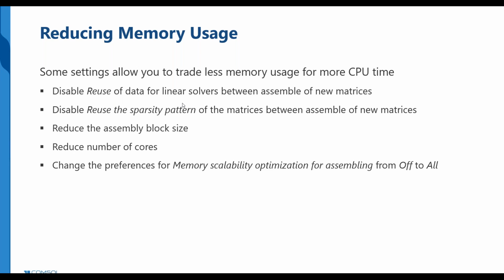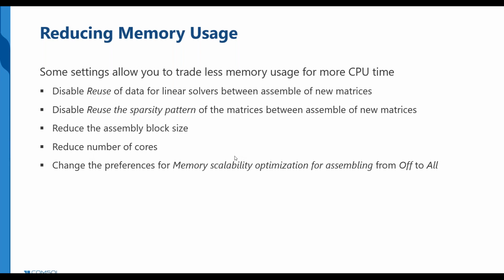Okay, so that was the technology for the linear solver, the linear system solution process. Other ways to affect the memory requirements is to disable a number of mechanisms that are made to speed up the process, but they cost a little bit in terms of memory.